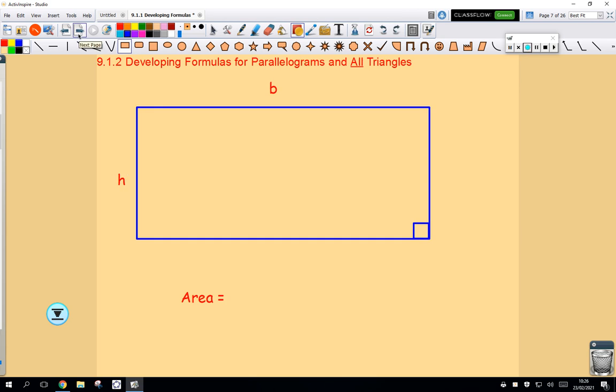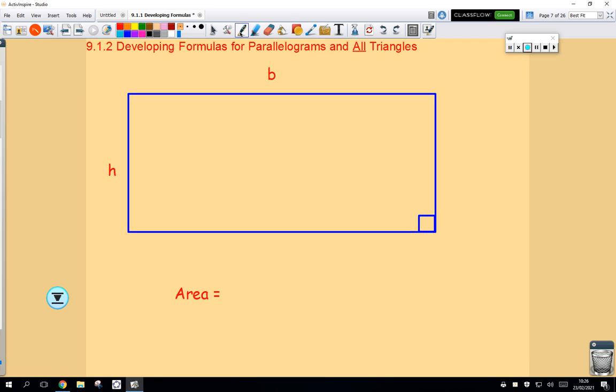So area of rectangle is base times height. That's the area of a rectangle. The area of a right triangle is half of the base times the height.